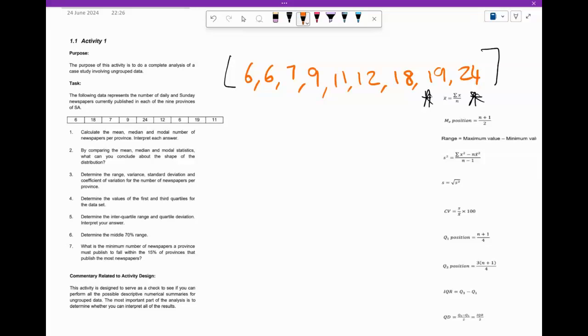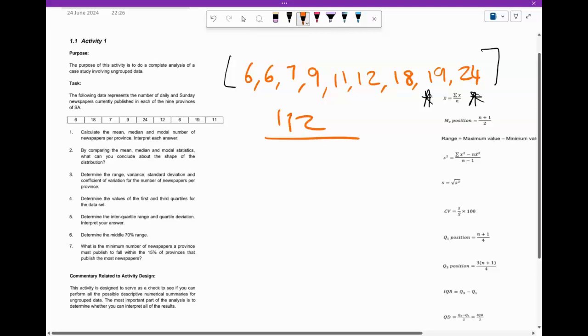Activity 1, unit 3. All right. You know you got revision exercise and then you got activity. So we are on activity. You said the total is 112. Okay. Right.